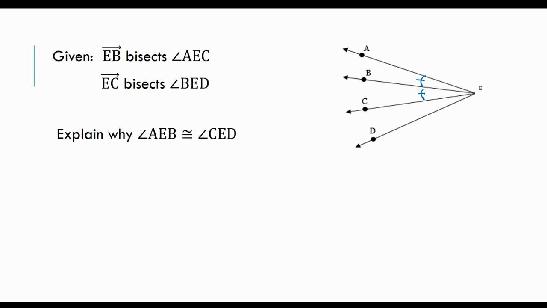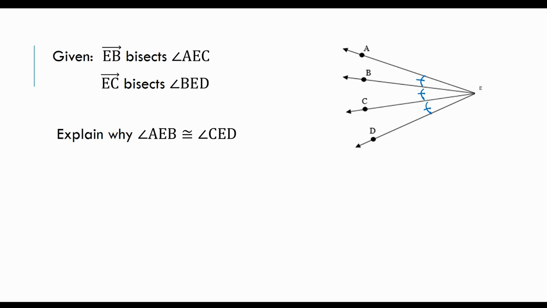The other given says that ray EC bisects angle BED. So once again, we have an angle being divided into two. Notice that angle BEC is already marked. That's congruent to angle CED, so I get to mark that the same as well.